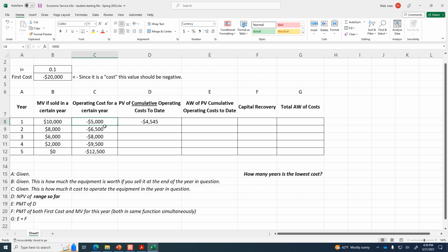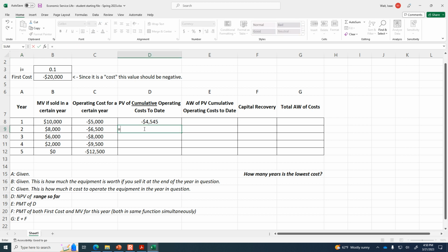But if we are owning it for 2 years, then our cumulative operating costs would be the $5,000 at year 1 and $6,500 at year 2. So what it says here is that we should use the NPV function because we want it to be all of the data in a row for whatever line we're on.